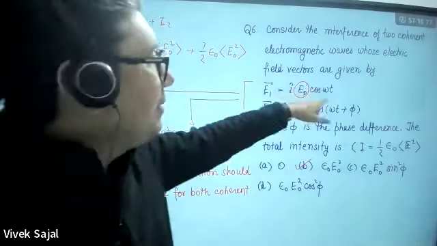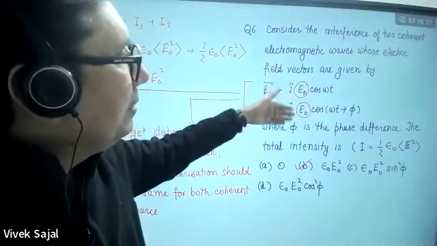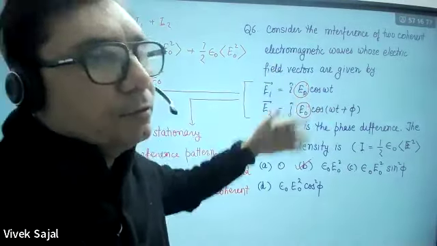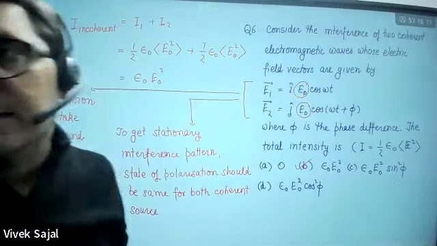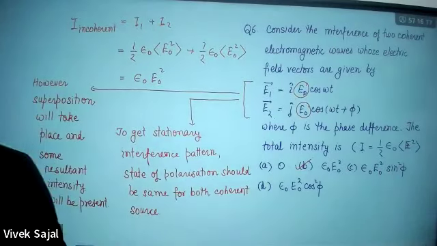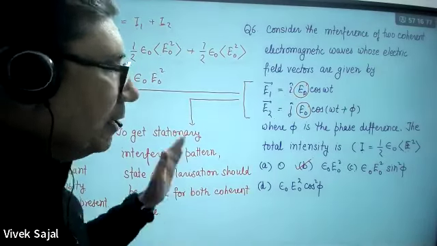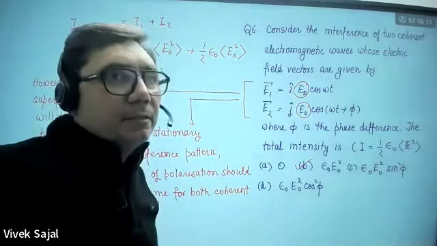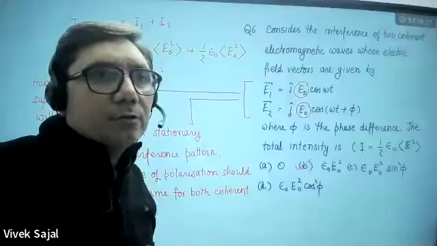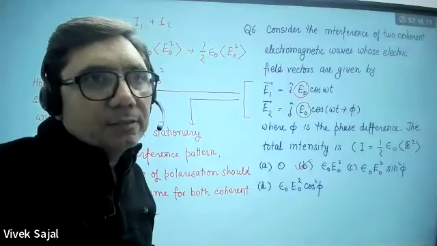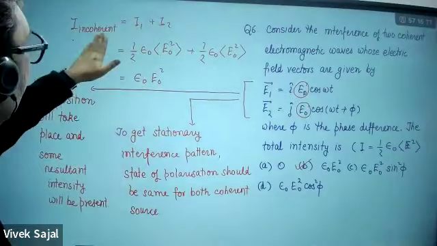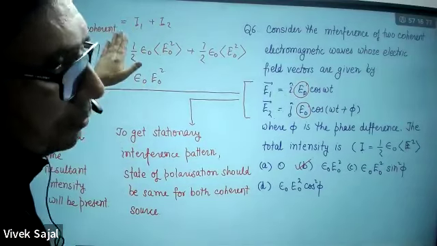Coherent, their frequencies are same, but due to their different polarization, you are not going to get maximum intensity and minimum intensity, that type of intensity distribution will not be there, but an average intensity will be there. So that average intensity you are going to get in case of incoherent sources.